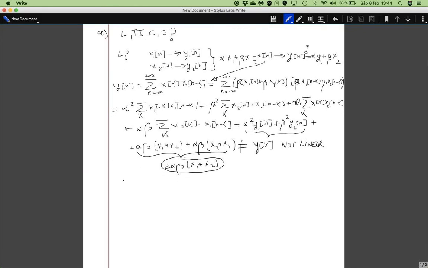Okay, let's go for the second property. Is the system time invariant?